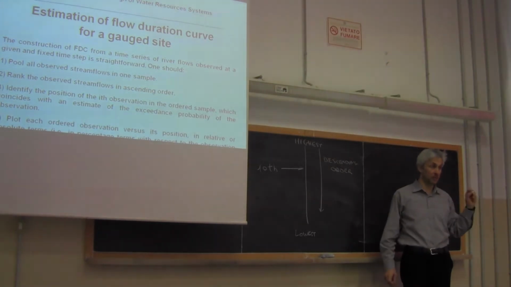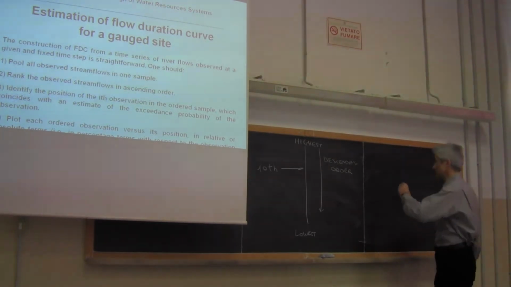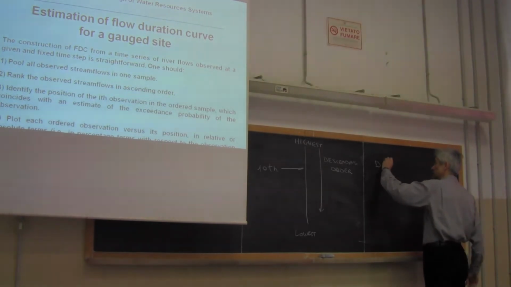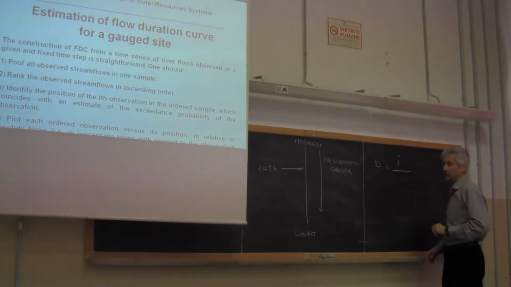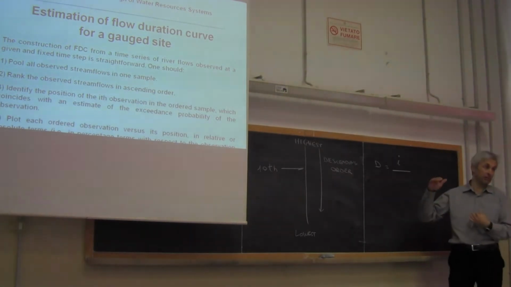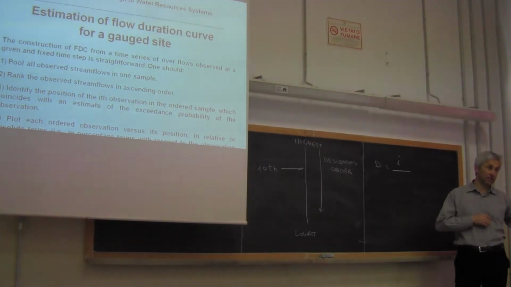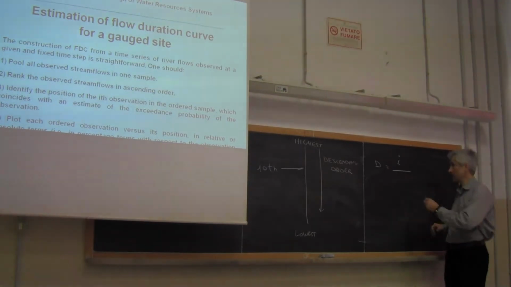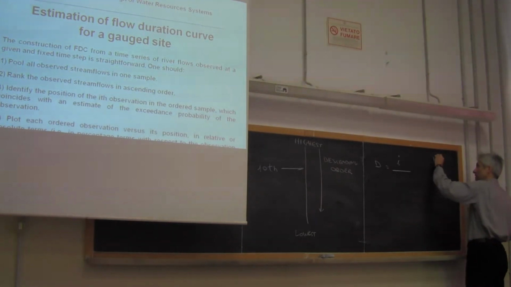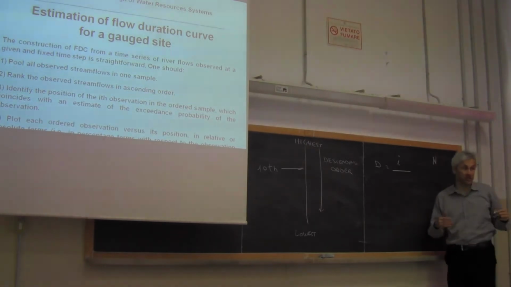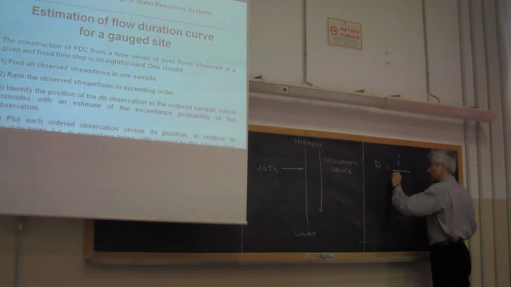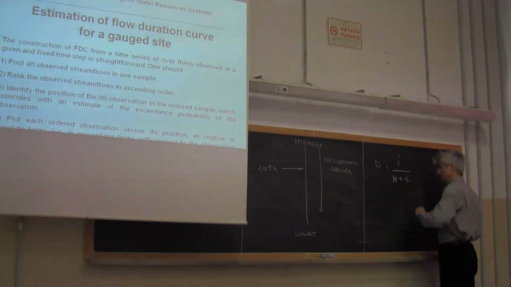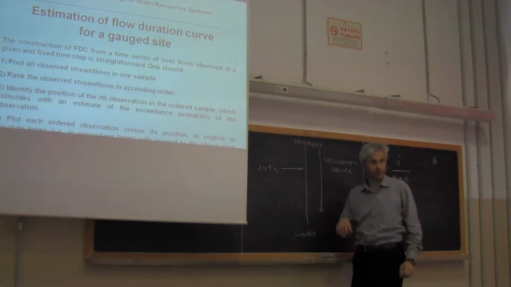If you want to express it in relative terms, of course, the duration will be, let's suppose that I call the position i, I have to divide by the duration of the sample. For reasons that I'll explain you later, let's suppose that the duration of the sample is n, in 1 year is 365. For reasons that I explain you later, we don't divide by n, but we divide by n plus 1.